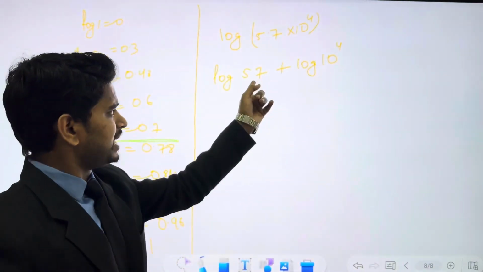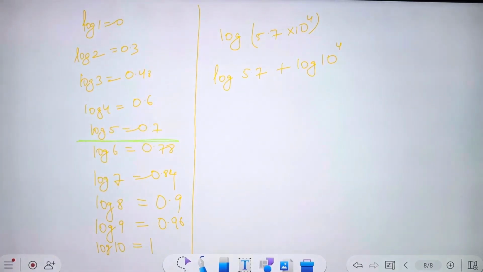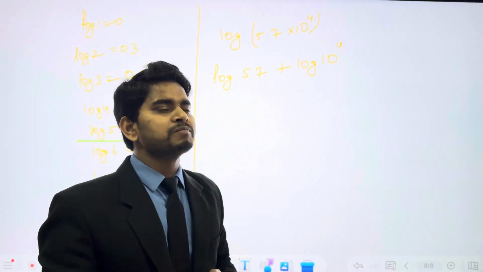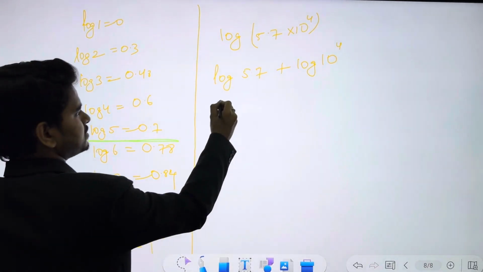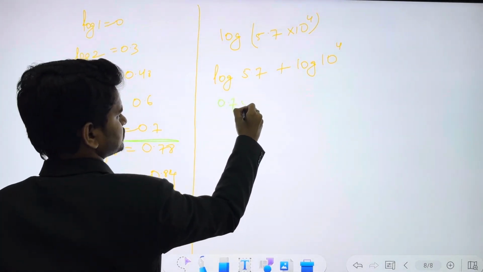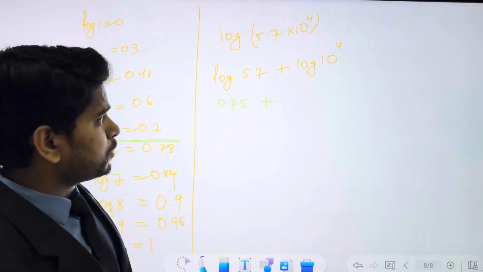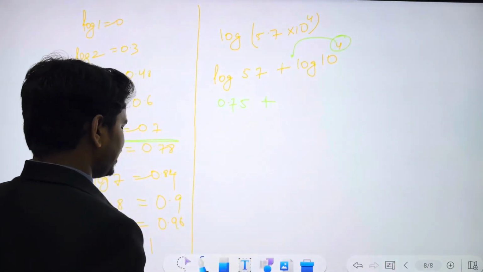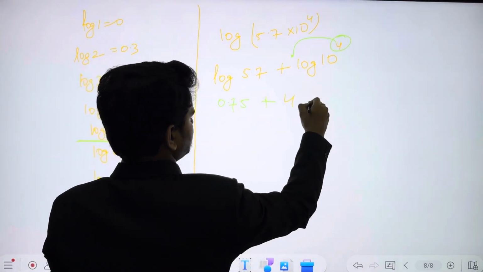If it was 5.5, it could be in the middle, so we could have taken the middle value. But here the number is bigger than 5.5, so we take a value nearby log 6, and thus we can write 0.75 plus log 10 to the power 4. We know a to the power b, the power will jump over here, so it is 4 into log 10.